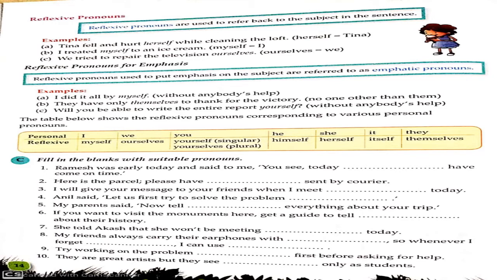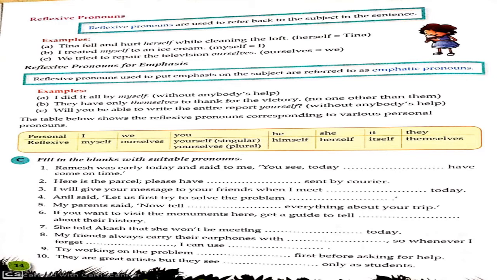You will be able to write the entire report yourself without anybody's help. Without anybody's help is being understood here. So this is reflexive pronoun for emphasis, or referred to as emphatic pronouns. Now here is a table showing personal and reflexive pronouns.